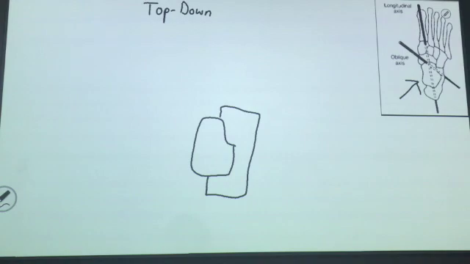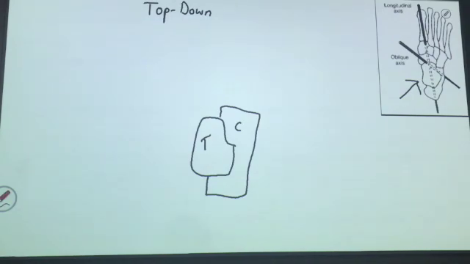So obviously my tibia and my fibula have been removed, and I'm simply looking at my talus and my calcaneus. So when we enter into the closed chain, the easiest example of this is when I am striking my heel on the ground during the gait cycle.